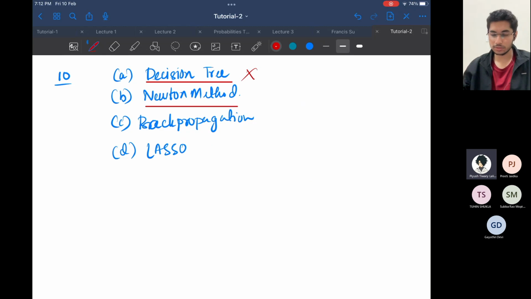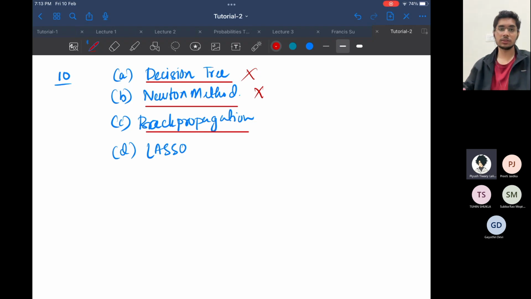Though learning a neural network itself means optimization, it is still not the technique or the algorithm that is used. It might be the final optimization thing that we use, but it is not the algorithm used to train a neural network. So this is also not correct.